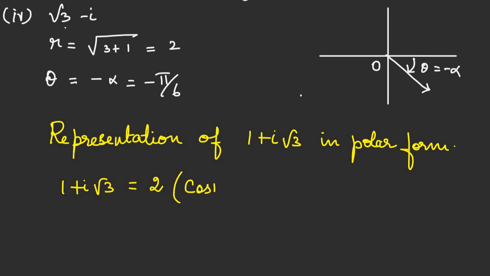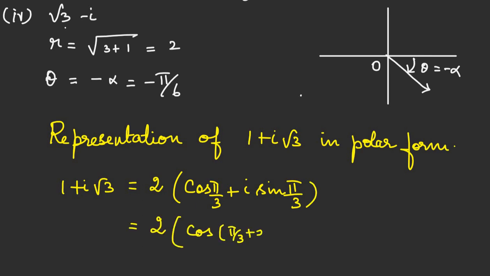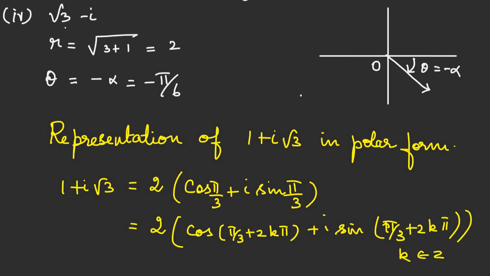So r into cos of pi by 3 plus i sin of pi by 3, and the general form must be written as 2 into cos of (pi by 3 plus 2k pi) plus i sin of (pi by 3 plus 2k pi), where k belongs to Z.